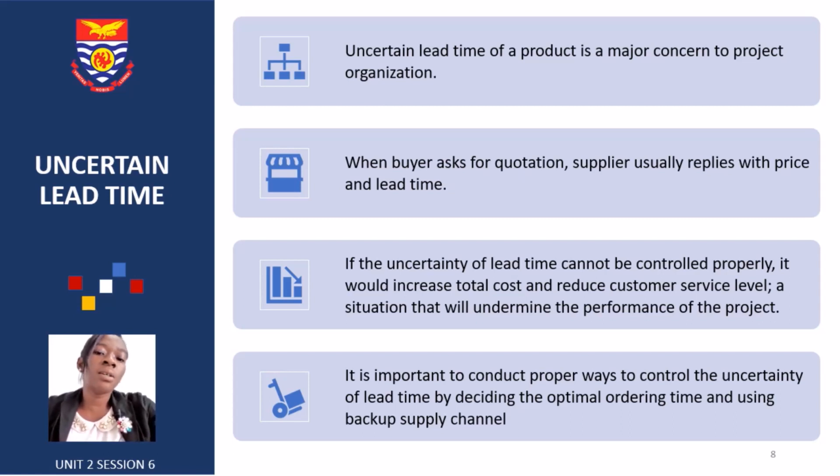So if there's uncertainty of lead time, usually it cannot be controlled properly. It would increase total cost and reduce customer service level, a situation that would undermine the performance of the product. It is important to adopt proper ways to control uncertainty of lead time by deciding the optimal ordering time and backup supply channels.